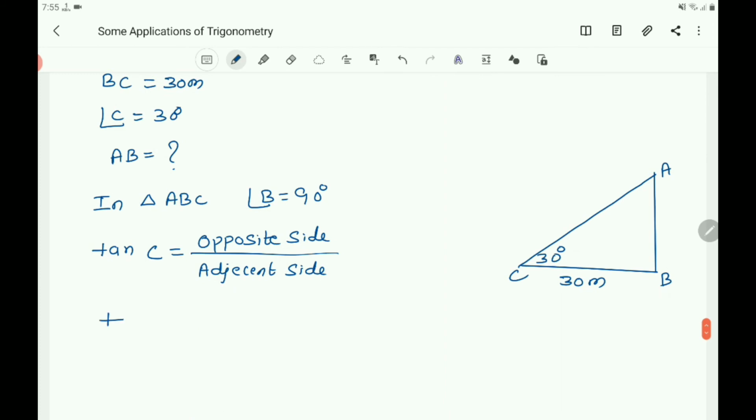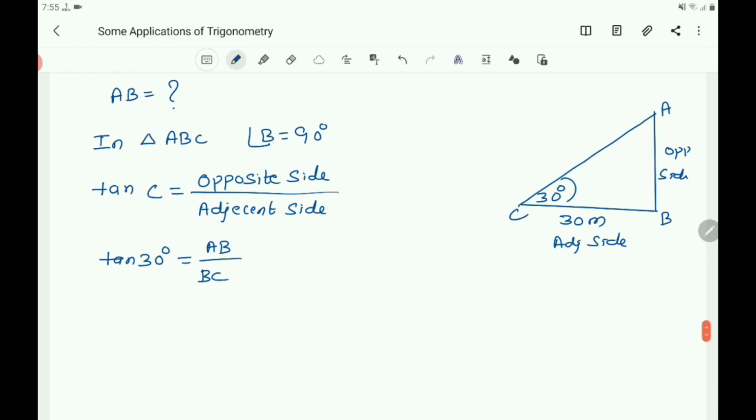Tan C is here tan 30 degree equal to AB, the opposite side, by BC, the adjacent side.